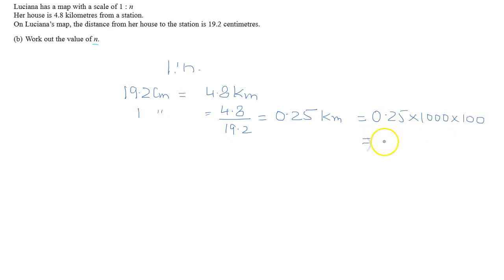So this is 25 and this is 25,000. So the actual scale is 1:25,000. So the value of n is 25,000.